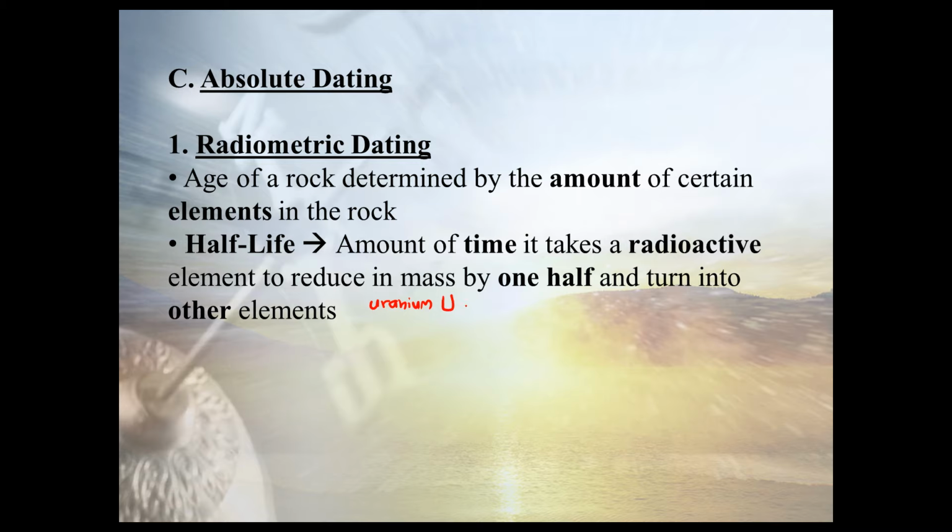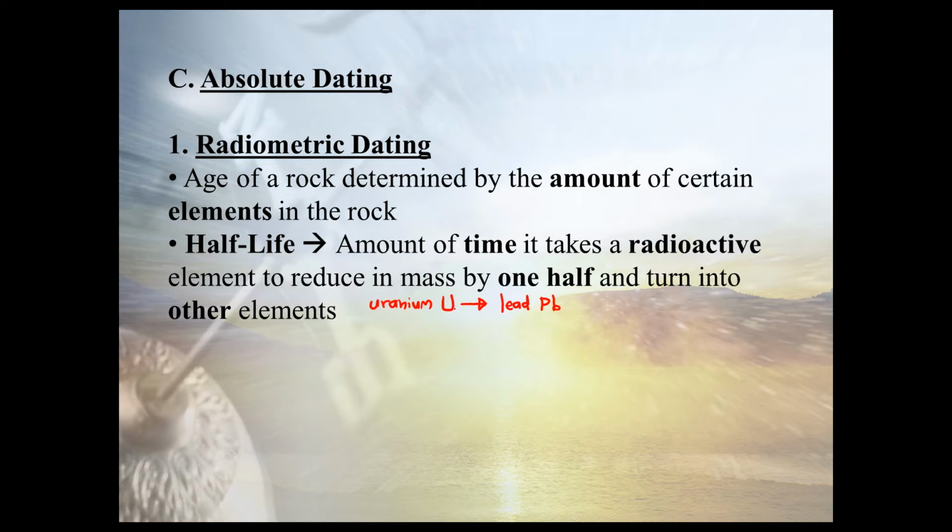Radioactive elements tend to decay or eventually turn into another type of element. The element that uranium eventually turns into is lead. The element symbol for lead is Pb. I believe it's Latin for, believe this or not, plumbum or plumbus.